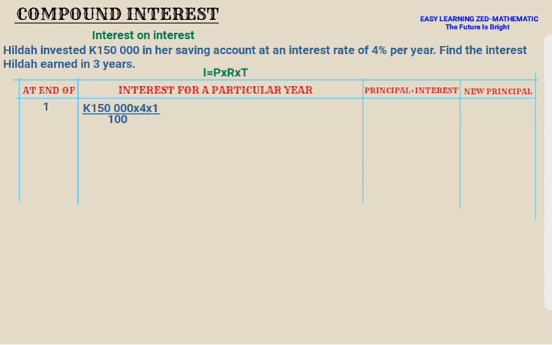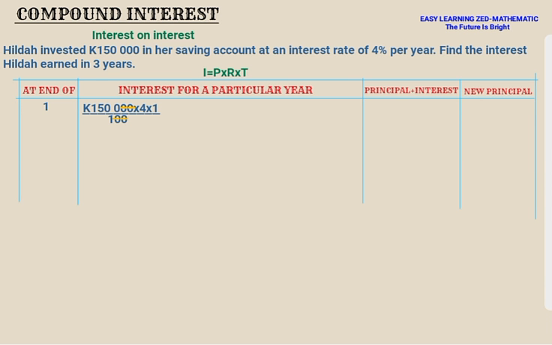So what we're going to do is cancel what is found on top and what is found at the bottom. As you can see, there are zeros at the end of the numbers. There are 2 zeros at the end of 100, and there are 4 zeros at the end of 150,000. So we are going to cancel the 2 zeros at the bottom and 2 zeros on top.